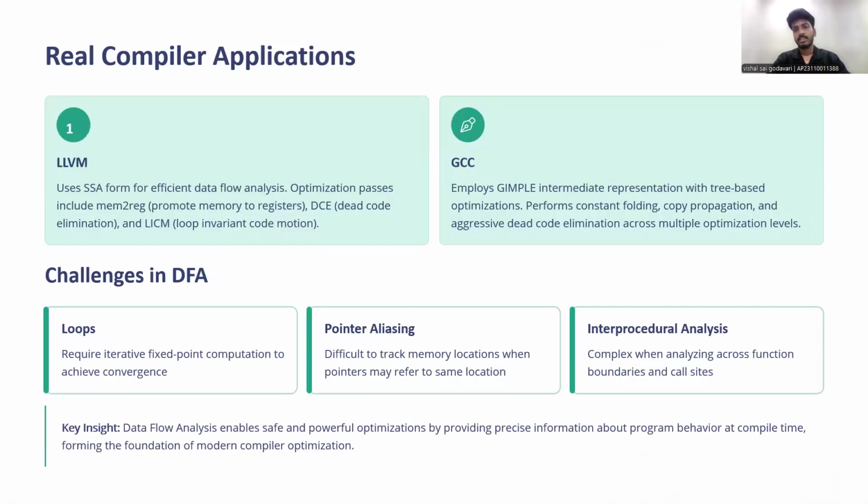In real-world compilers like LLVM and GCC, DFA is heavily used. For example, LLVM uses SSA for efficient tracking, and GCC uses intermediate representations for optimization. But there are challenges. Loops require repeated computation until stable, pointers make tracking difficult, and cross-function analysis is complex. So DFA is powerful but not trivial.